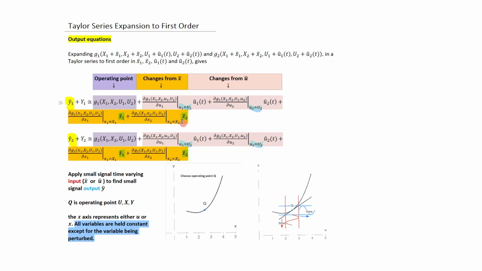That input could have been a u, it could have been an x, and you're looking at the corresponding change in the output, which could have been a y1 or a y2. So same idea as before. And again, we're approximating things by a straight line. All right, so effectively this is like recycling the material from the previous lecture, but there are more combinations to consider.